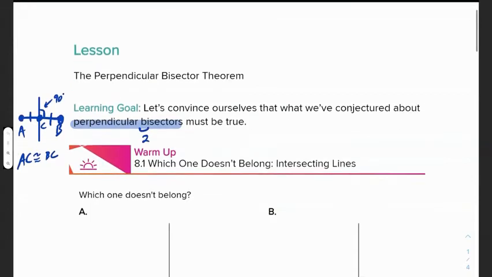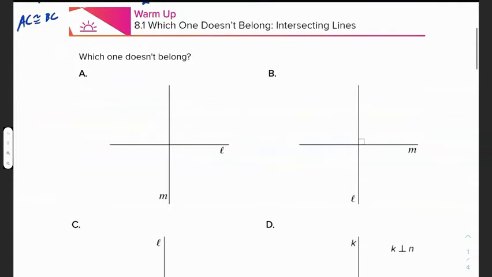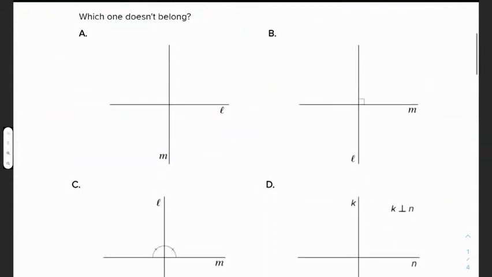Okay, warm up, 8.1. Which one doesn't belong? Intersecting lines. I'll give you some time to gander at A, B, C, D and come up with your response. Which one doesn't belong? Okay, so hopefully you paused the video and took some time.